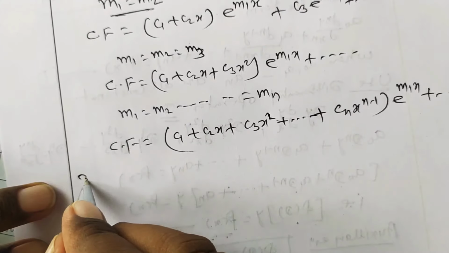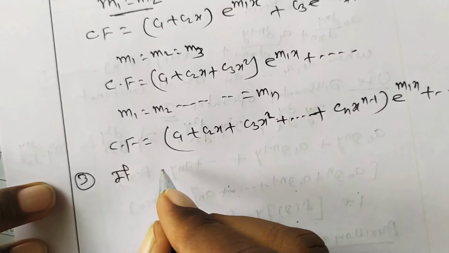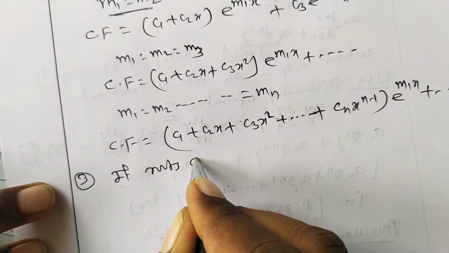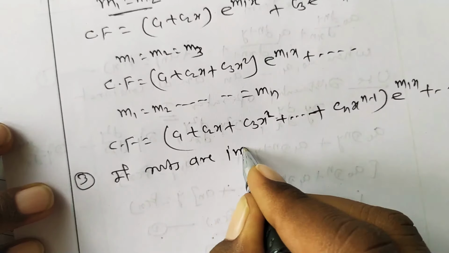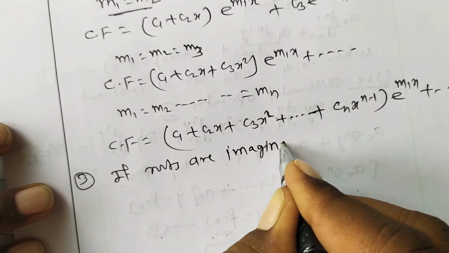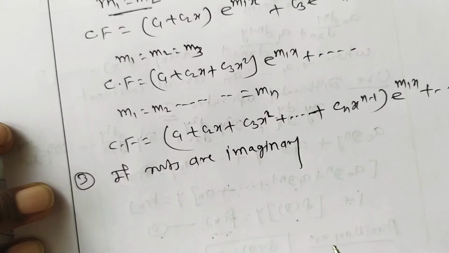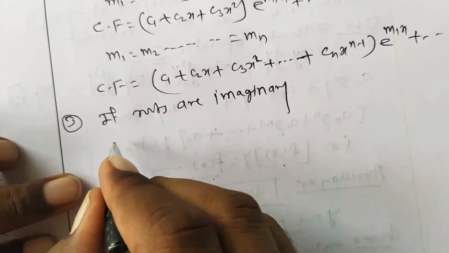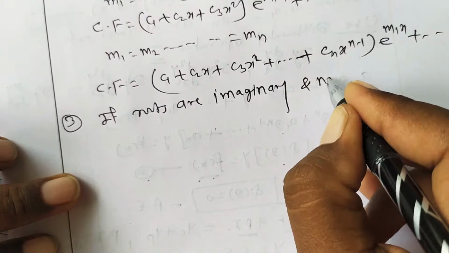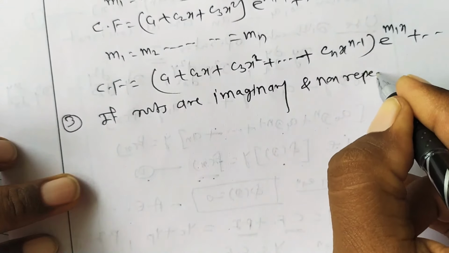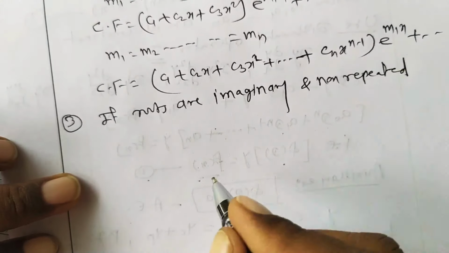Okay, next possibility is if roots are imaginary. How do we write CF? Again there are two cases: imaginary and non-repeated, and imaginary and repeated.